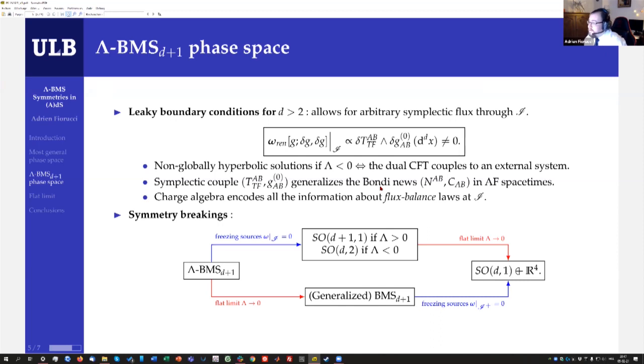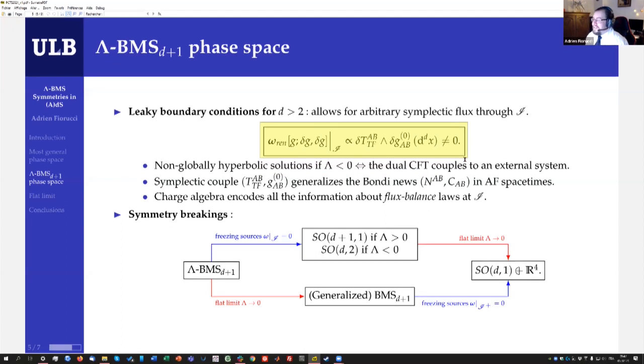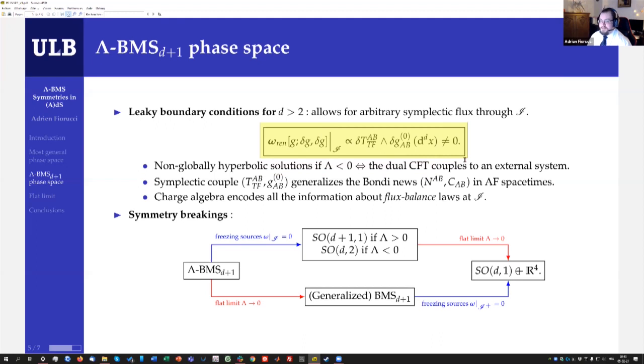You can see in the expression of the symplectic structure that the symplectic couple formed by the boundary metric and the corresponding stress tensor components in fact generalizes the Bondi news in asymptotically flat spacetime, and the charge algebra that I presented, in not so much detail because I have no time, encodes all the information about the famous flux balance laws that you need at Scri. And if you have questions, I can also discuss the flat limit of the Λ-BMS phase space. So please ask. Thank you for your kind attention.